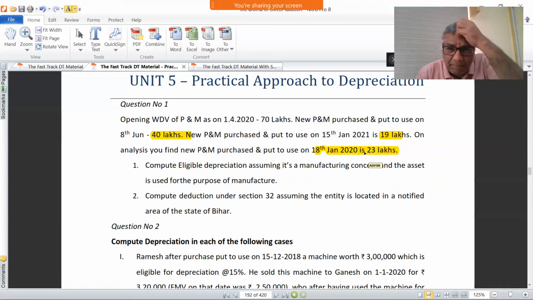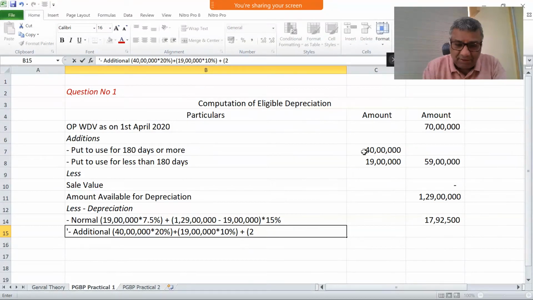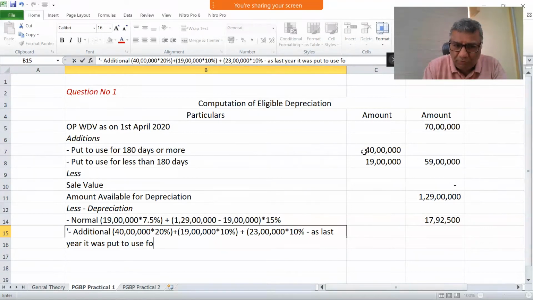I would have claimed a depreciation of only 10%, sorry. I would have claimed a depreciation of only 10%. The balance 10% can be claimed in the immediately succeeding year, that is this year. 23 lakhs into 10%, as last year it was put to use for less than 180 days and only half would have been claimed.